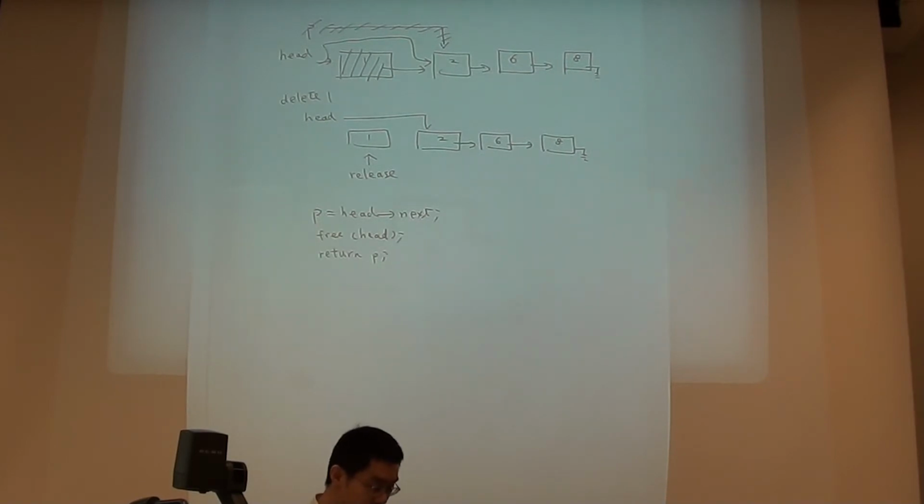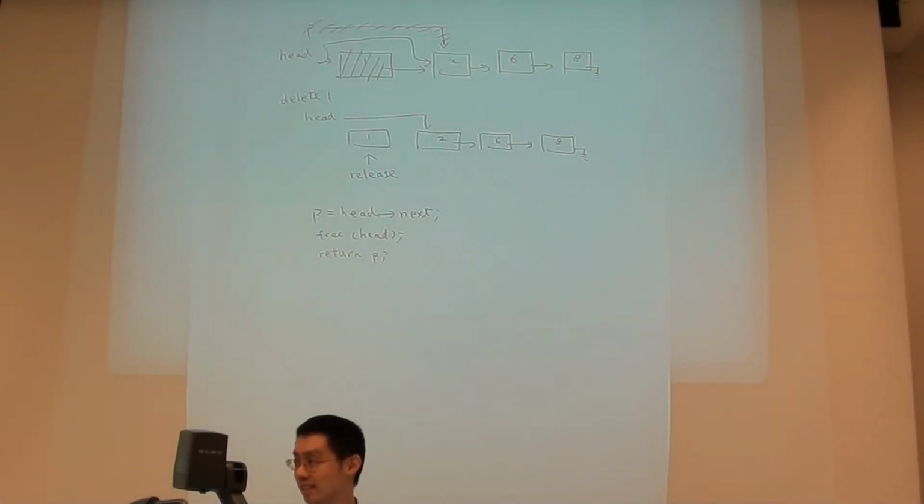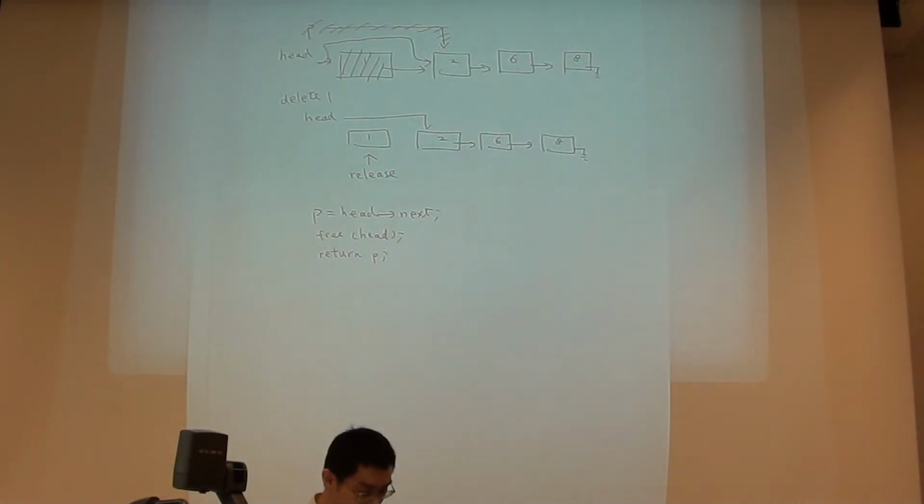Now, if we are here, we know head is not null because we checked earlier. But we do not know head next is not null. It's possible that it's null. So you have to say first, head next.